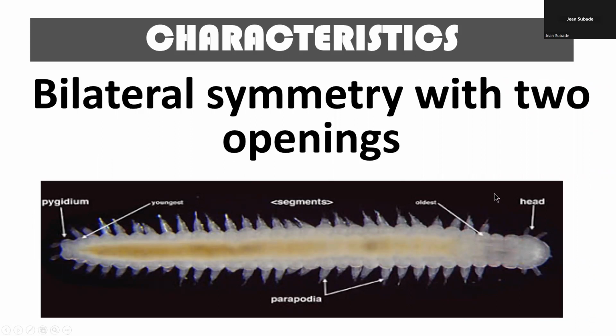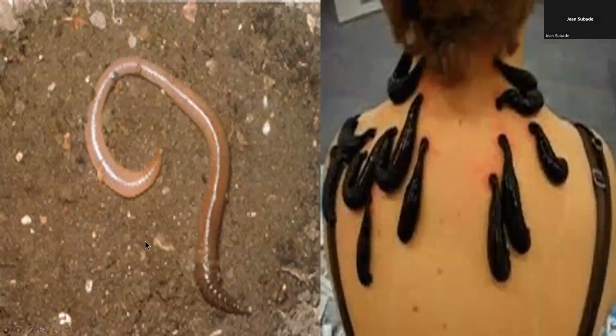They have two openings, like an alimentary canal: the mouth for taking in food, and an end where they eliminate waste. This is the head part of their body. I only have two examples of annelids: the earthworms and the leeches.